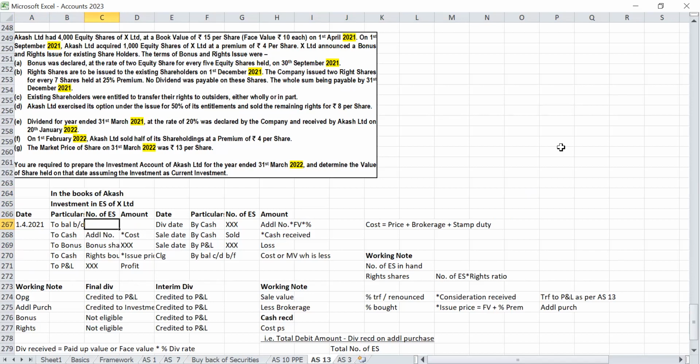Opening shares? 4,000 shares. Super. First point over.